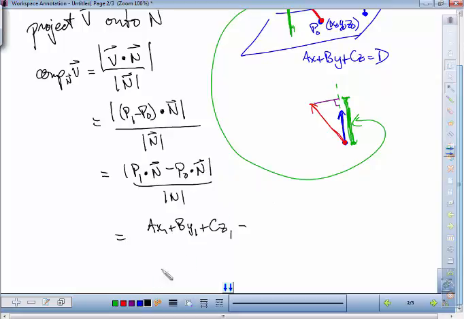So I'm going to do this off to the side here. This is really A x naught plus B y naught plus C z naught.